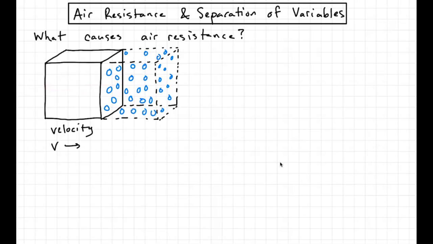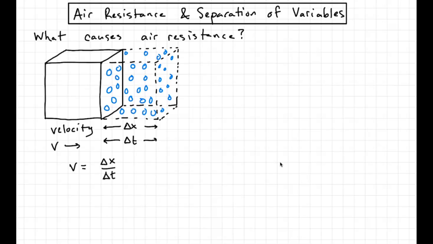So I'm going to define some stuff that's going to be useful here. One thing I'll define is this length here. Let's call this delta x, right? And then it takes some amount of time to go forward that amount based on the velocity. And we can also say for sure that if this block is moving at constant velocity, just to simplify our model for this moment, or at least the velocity is constant over the time period we're considering, then the velocity is going to be that delta x over that delta t.